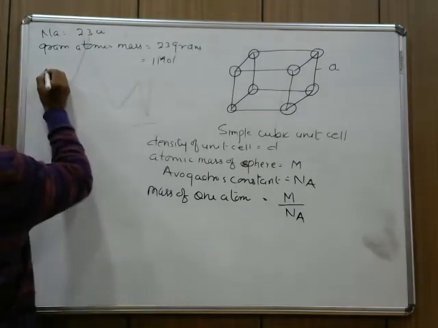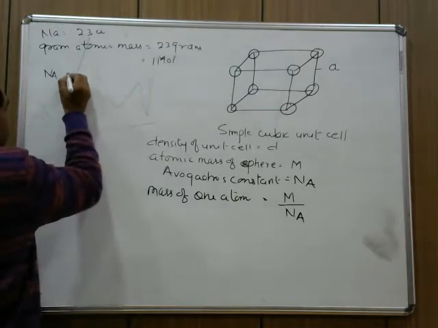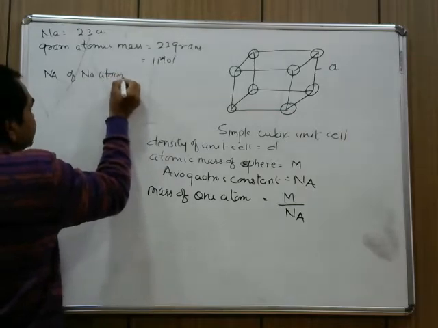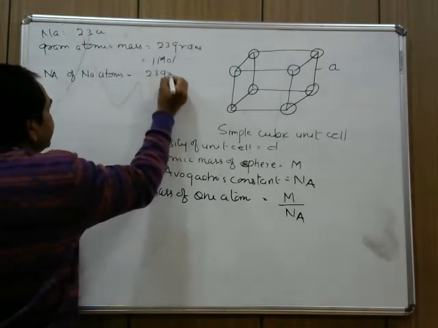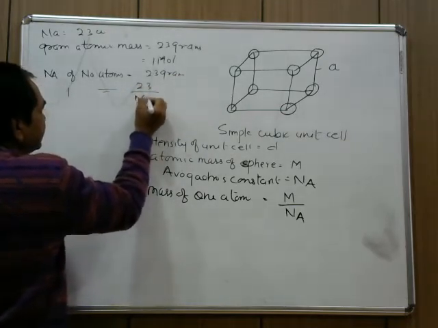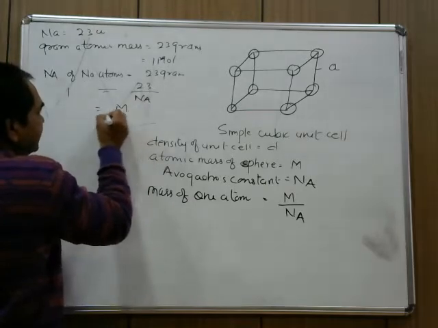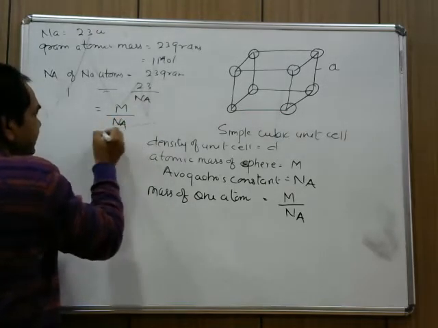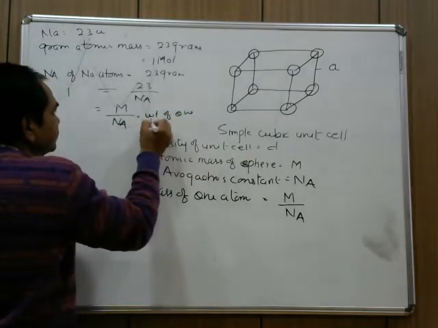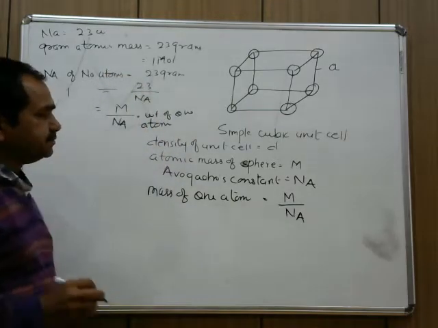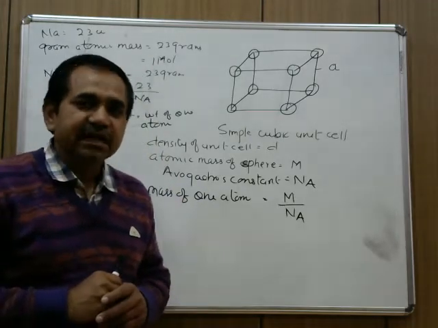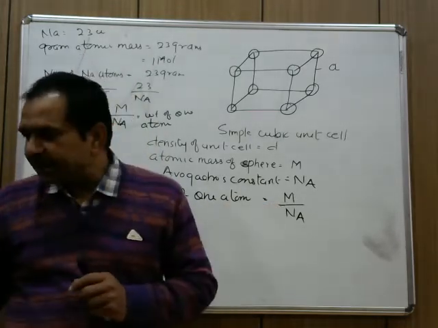That means that Avogadro's number of sodium atoms will weigh 23 gram. So 1 atom weighs 23 upon Na, or in simplified way we can write that atomic mass divided by Avogadro's number gives the weight of 1 atom. So this we had already studied in our previous class 11th. So same thing is being written here.